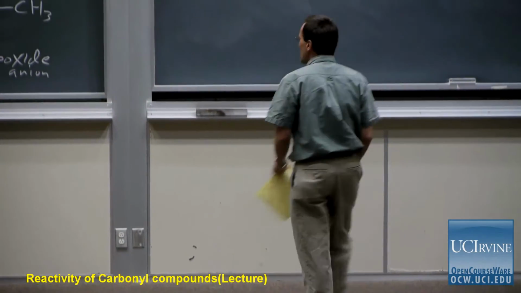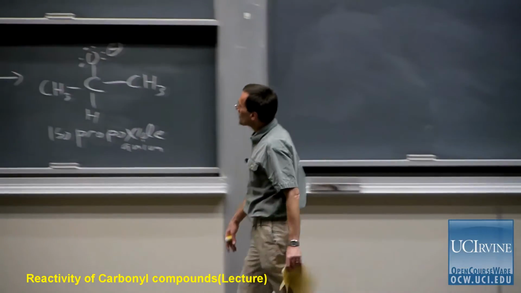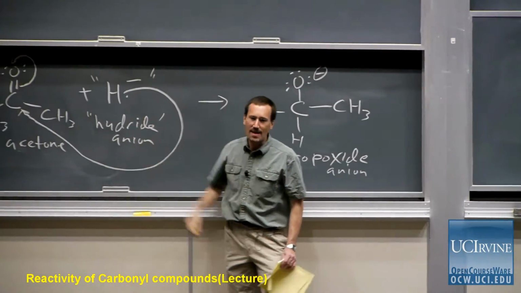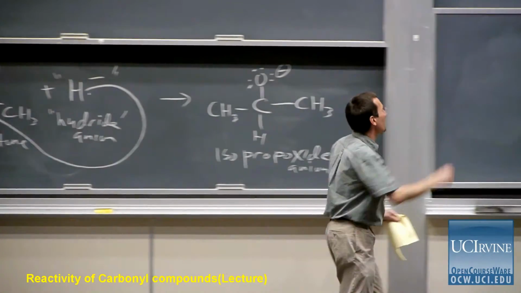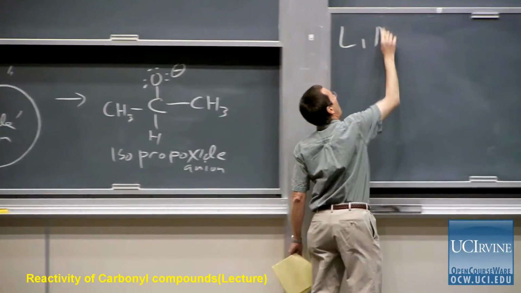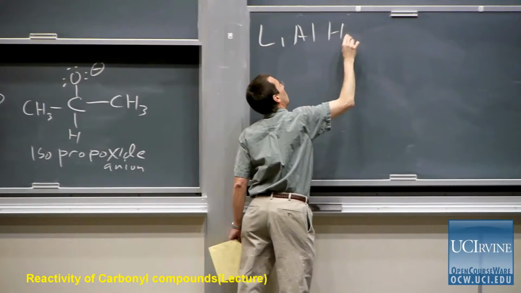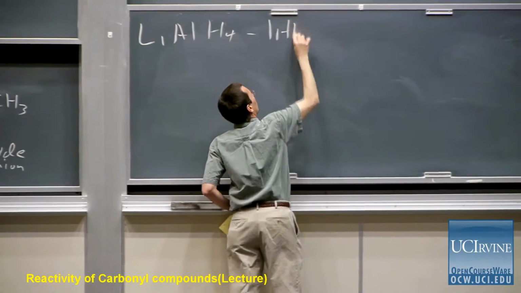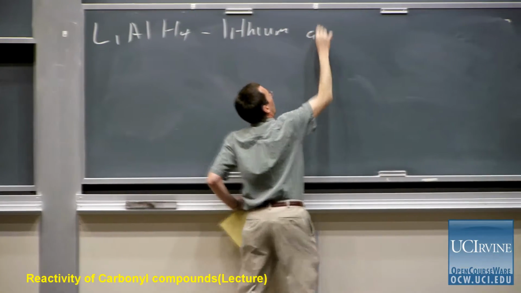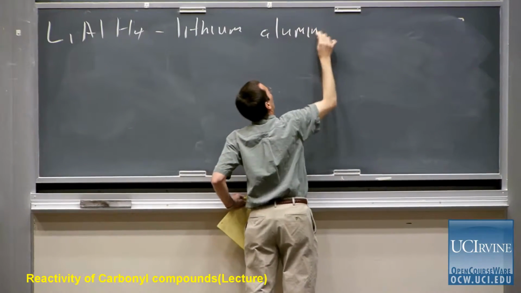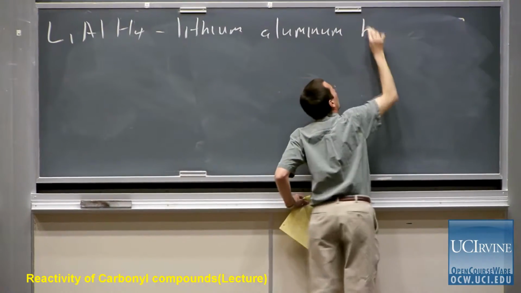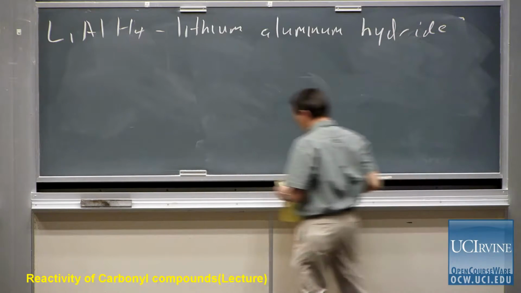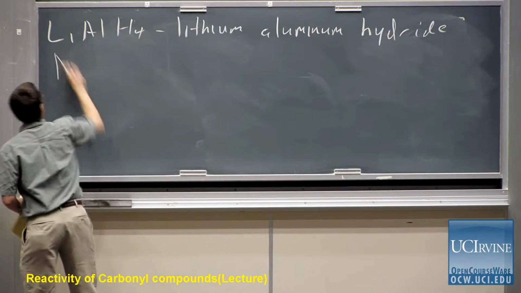So two reagents that are used as a source of this abstract or hypothetical hydride anion are lithium aluminum hydride and sodium borohydride, two very popular and long-standing reagents.